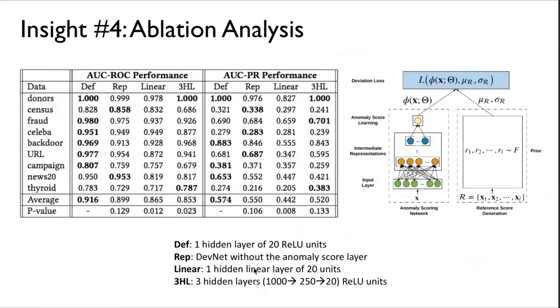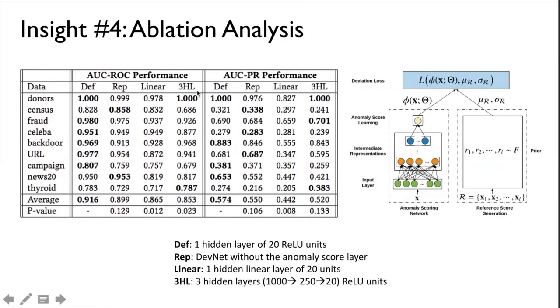For different components of DevNet, they perform some comparison here. For the first column, Dev is actually the default framework architecture. Ref is DevNet without the anomaly score layer. And linear is the one where you don't use nonlinear transformation, just a linear layer.